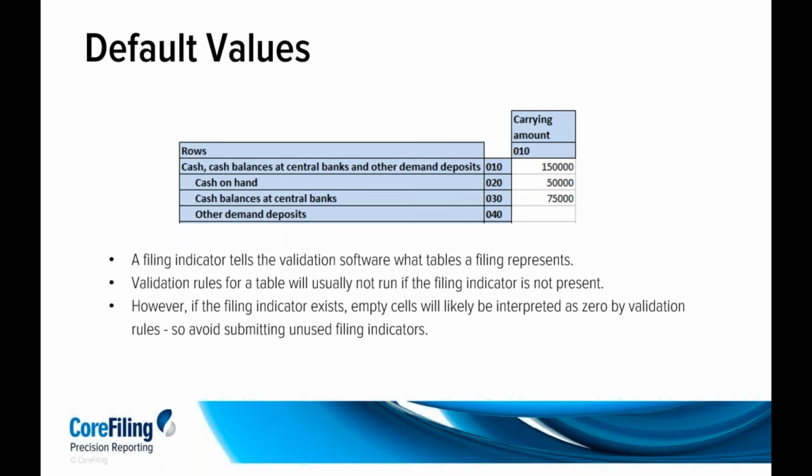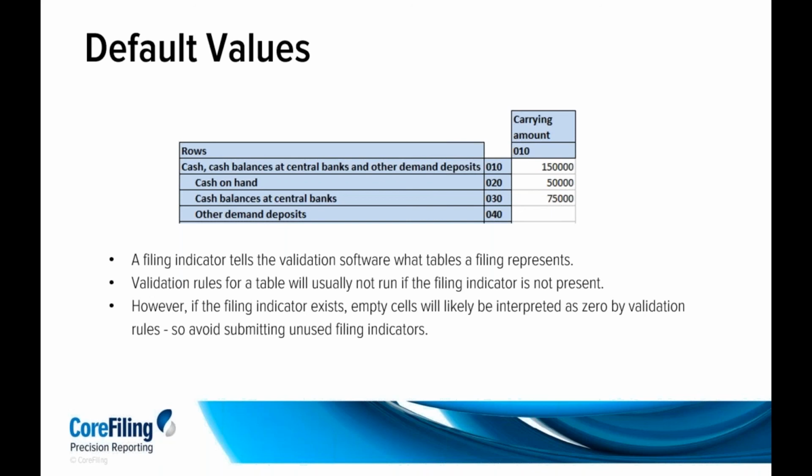A filing indicator is an element in the XBRL document that tells the validation engine which tables have been submitted in an instance document. Validation rules for a table will usually not run if the filing indicator is not present. However, if the filing indicator exists, any empty cells will likely be interpreted as 0 by validation rules. This could be a problem if there is any validation that crosses multiple tables.